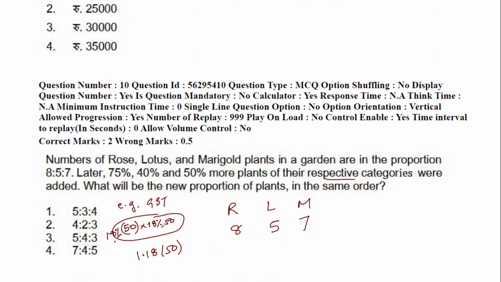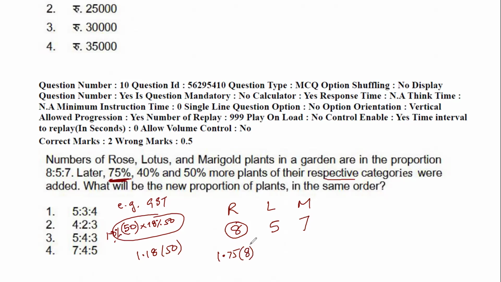So 100% and 118%. 118% is 1.18 into 50. So similarly, if something is increasing, like the GST is adding, it's increasing the original value of 50. So like that, this 75% of 8 plus 8 is as good as 1.75 times 8.